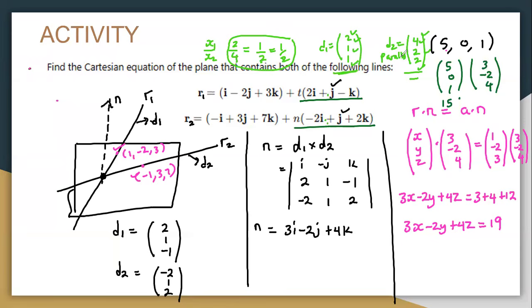Now, if you find out that the lines you are dealing with are not parallel, like for this case, you notice that when I get this direction, this is going to be 2 out of negative 2 equals to 1 out of 1 equals to negative 1 out of 2. Now you notice here the answer is negative 1. Here is 1. Here is negative a half.